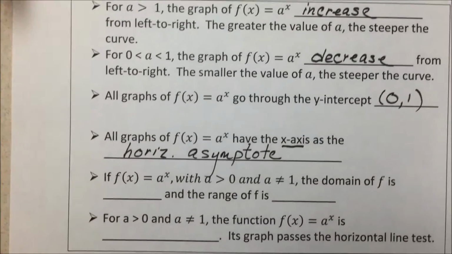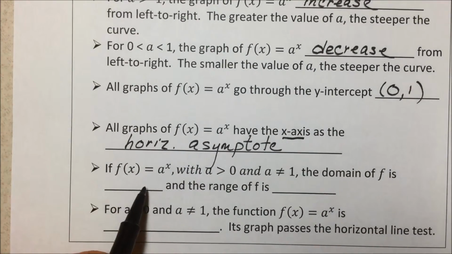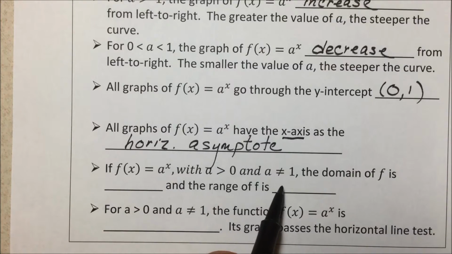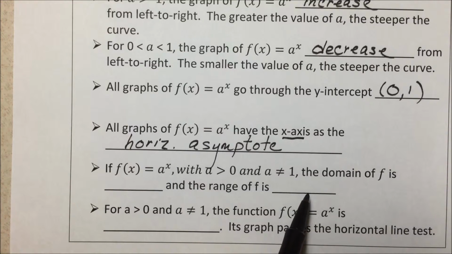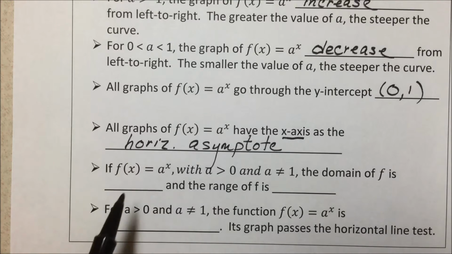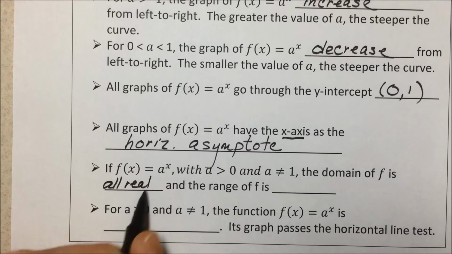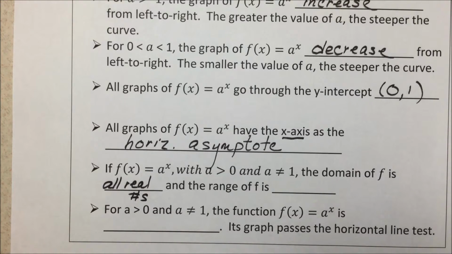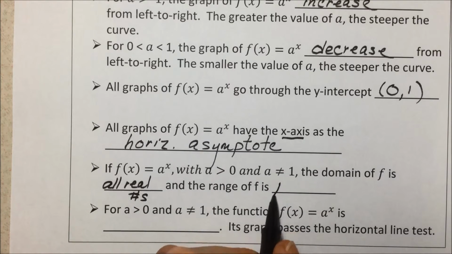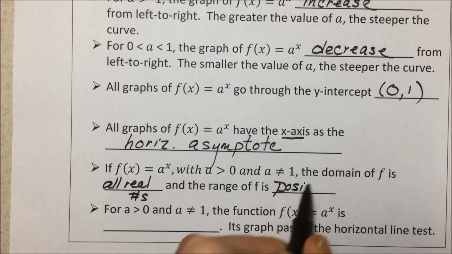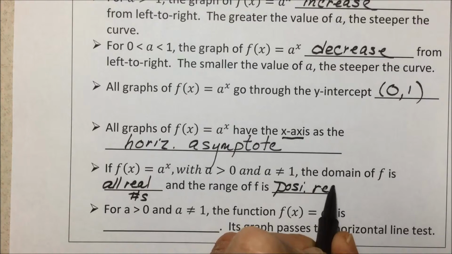If our exponential function has a greater than 0 and a not equal to 1, the domain of f of x will be all real numbers, and the range of the function is going to be positive real numbers.